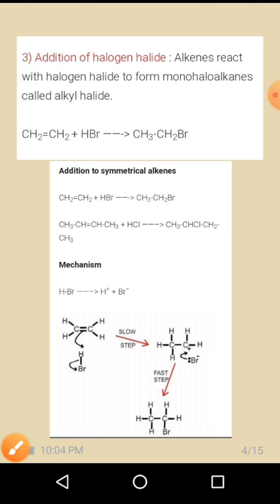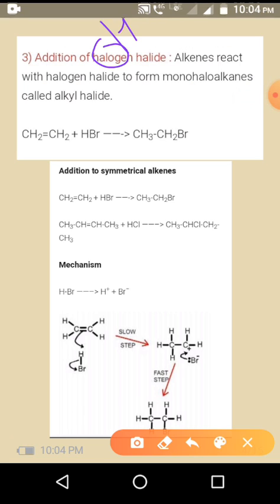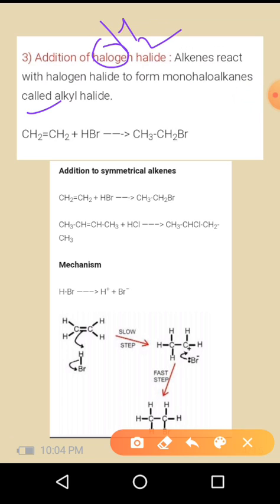The next one is the addition of hydrogen halides. Alkenes react with hydrogen halides to form monohaloalkanes. So when an alkene molecule reacts with hydrogen halides, it may be HBr, HCl or HF; these are all hydrogen halides.